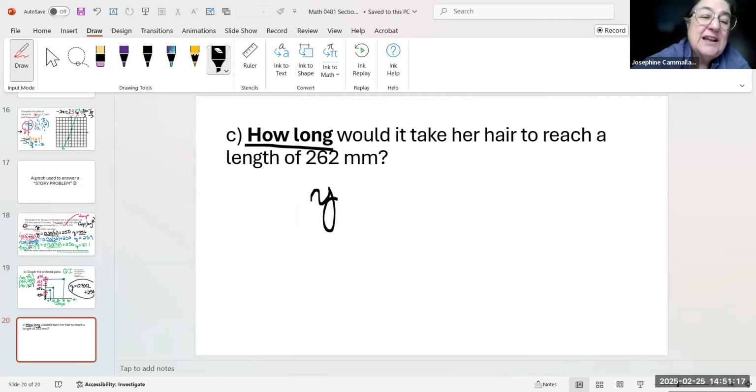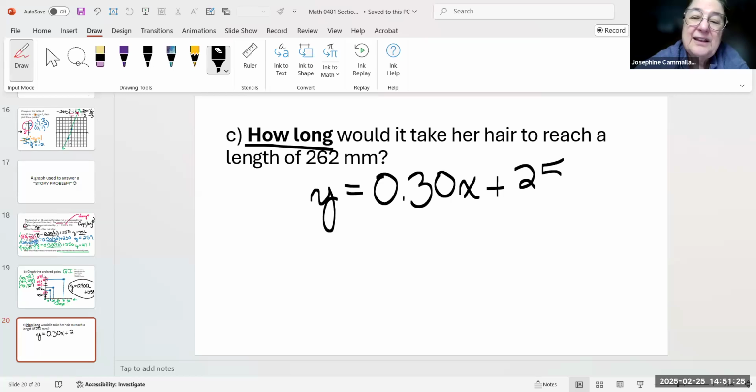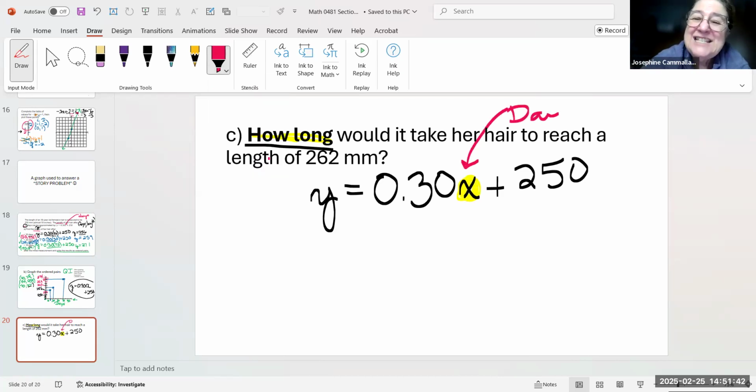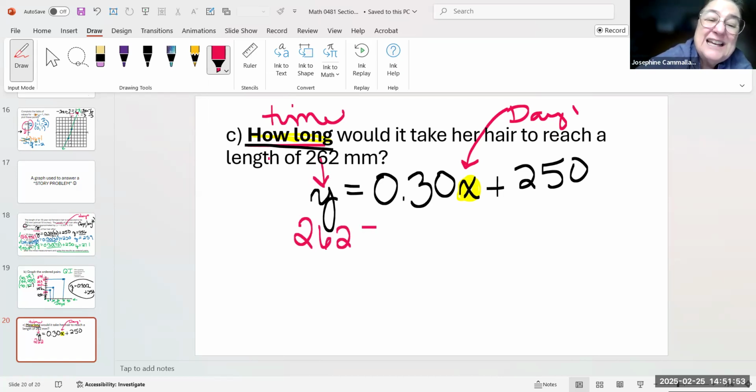Well, remember, this is our equation. How long means I want to find x. This was days. Days is time. How long is time? Which means my 262 is going to be here.